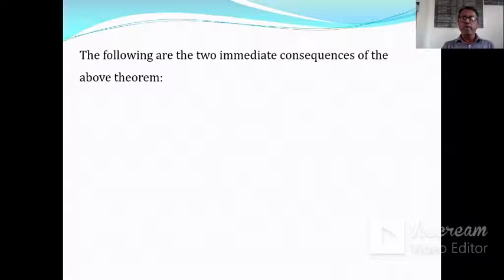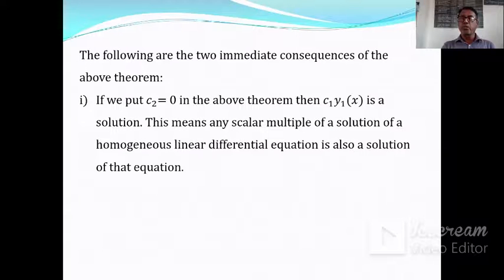Now the following are the two immediate consequences of the above theorem. If in this theorem we take C2 equal to 0, then C1 y1 of x is also a solution.